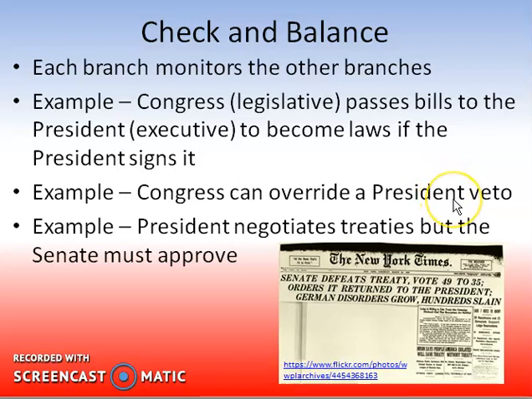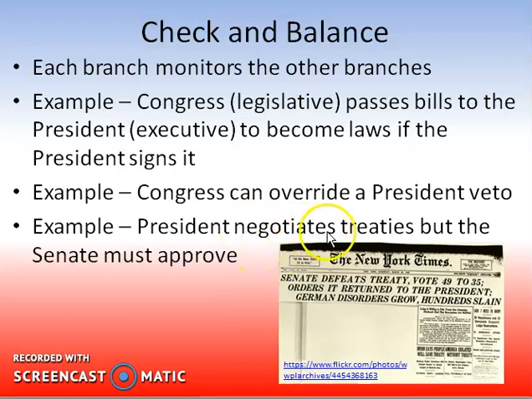So the president uses his or her power to strike out a law. Now Congress can override that veto. So Congress, the legislative branch, can check the power of the executive branch and say, no, it's going to become a law anyway.